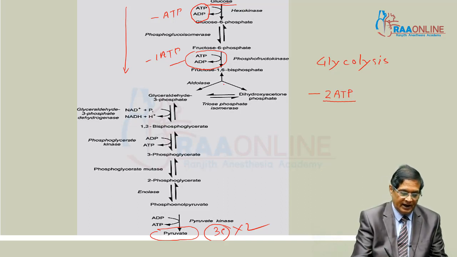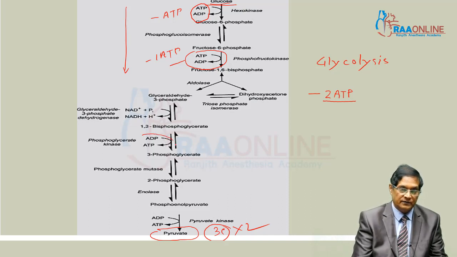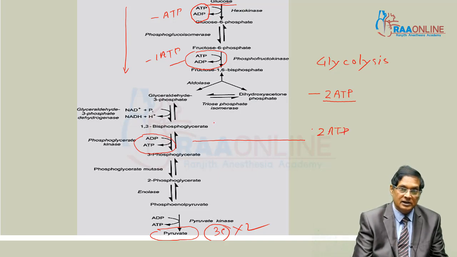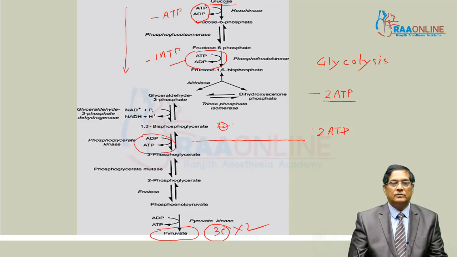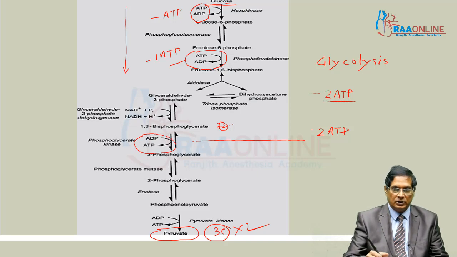Now, as glycolysis proceeds, see this first one. This is the first step where there is a direct synthesis of 2 ATP molecules, because these are 2 molecules of 1,3 biphosphoglycerate.